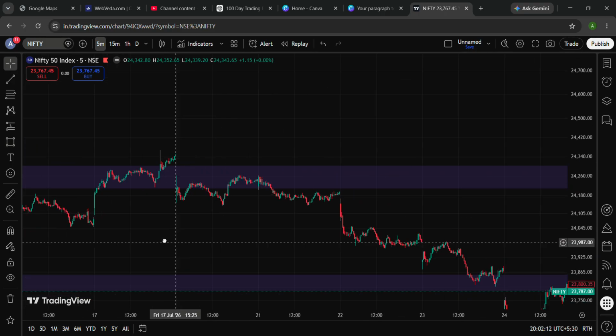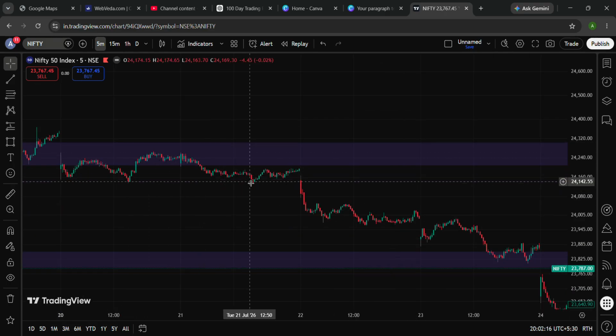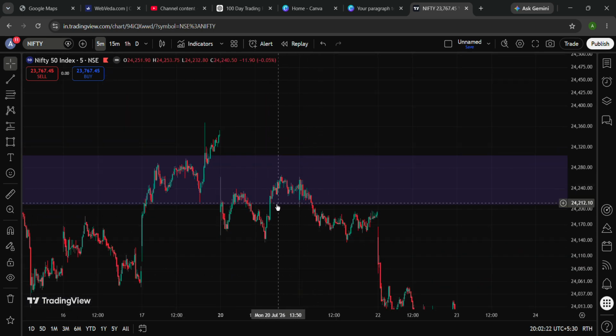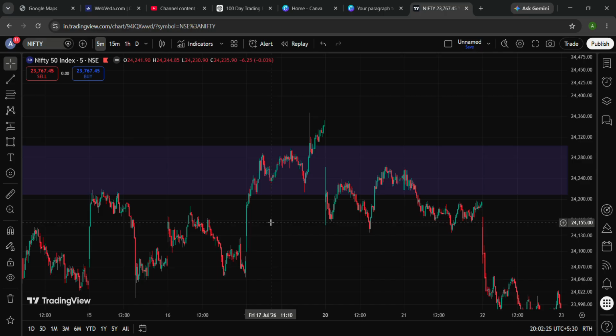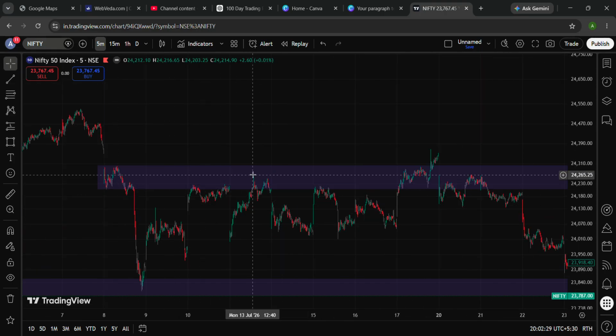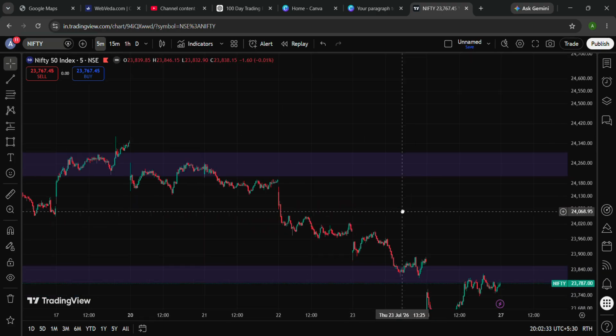So why do we draw it? Because we know that when the price is moving around the support zone, then we can predict that this is a strong support zone. Sorry, this is a strong resistance zone. Market could resist here for 5 to 10 times, and again the market can fall from here.